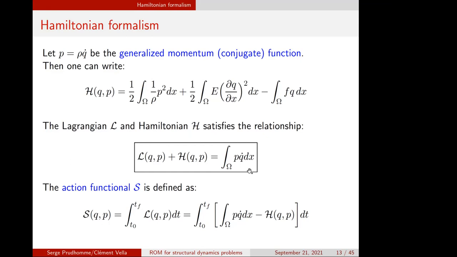I'm also going to introduce now the action functional S, which is essentially the integral of the Lagrangian over time. And when I use this definition of the Lagrangian, this action in terms of H is given as such.